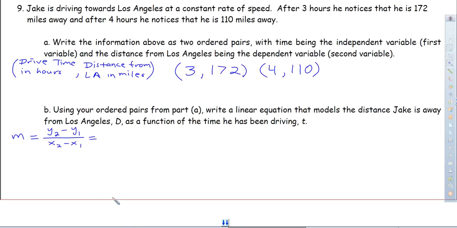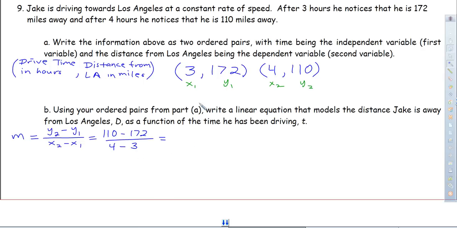Remember, if it helps, write this down. We can say that this will be our x1, y1, this will be our x2, y2. So our y2 minus y1, this will give us 110 miles on top minus 172 miles. And on the bottom, we're going to have 4 hours minus 3 hours.